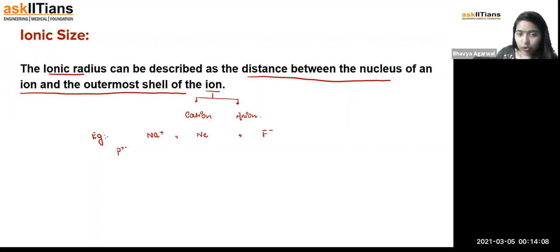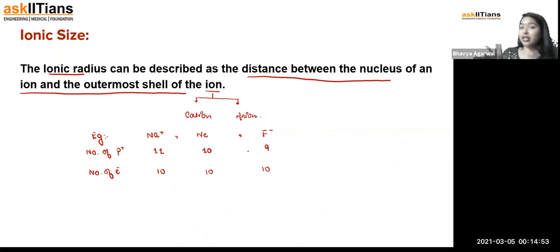If you see the number of protons in each case, sodium ion has 11 protons, neon has 10, fluoride has 9, because those are their atomic numbers. Now, for the electrons, Na+ has 1 electron less than the neutral state, that is 10. Neon, since it's neutral, has the same number of protons and electrons. And F-, since it is an anion, has 1 extra electron compared to the number of protons.